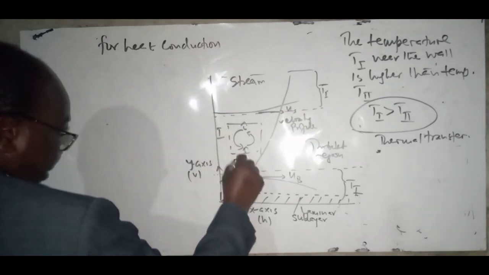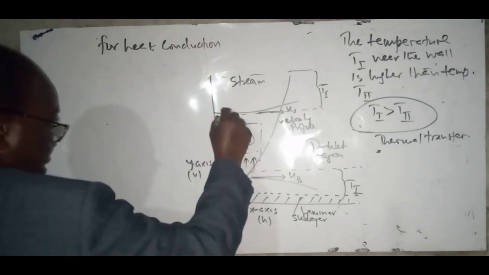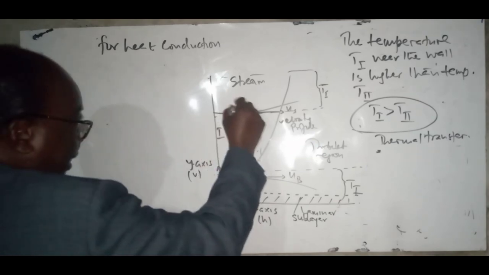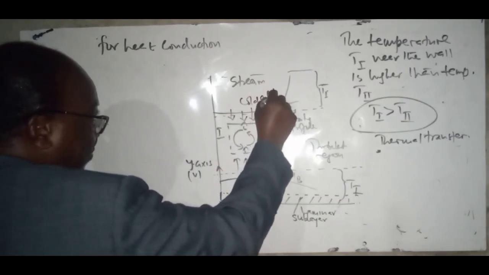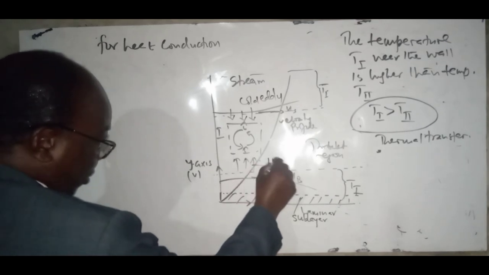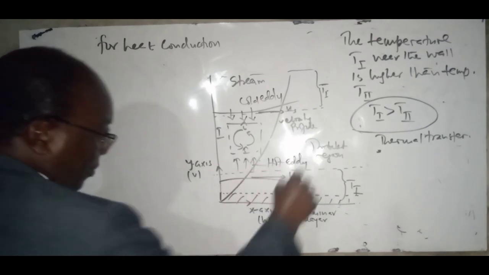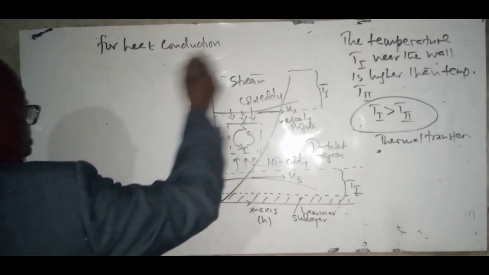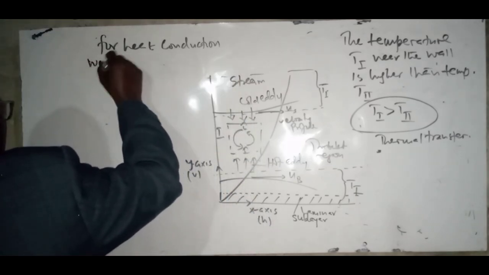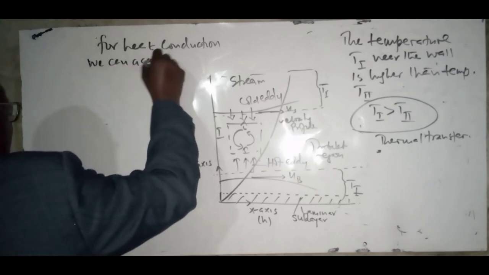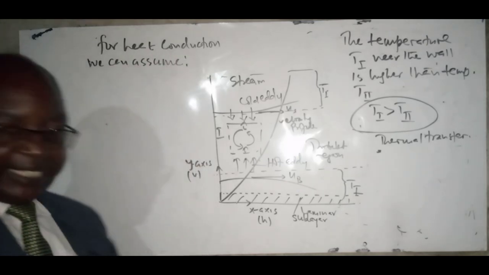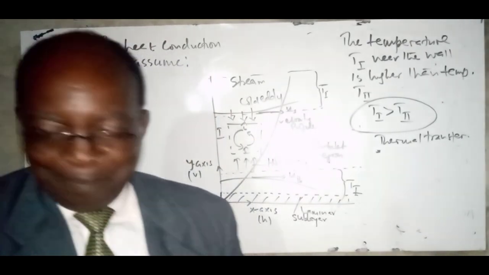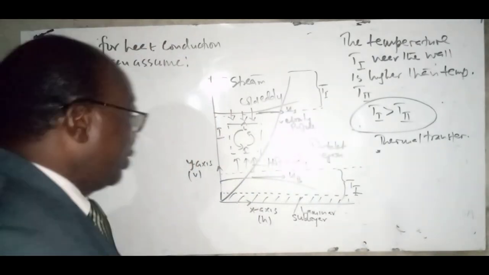So let us say we have our heat, that is cold eddies. We can call this cold eddy coming from top, hot eddy from bottom. And so for heat conduction, we can assume that the instantaneous temperature is equal to the mean temperature plus temperature as a result of these fluctuations.